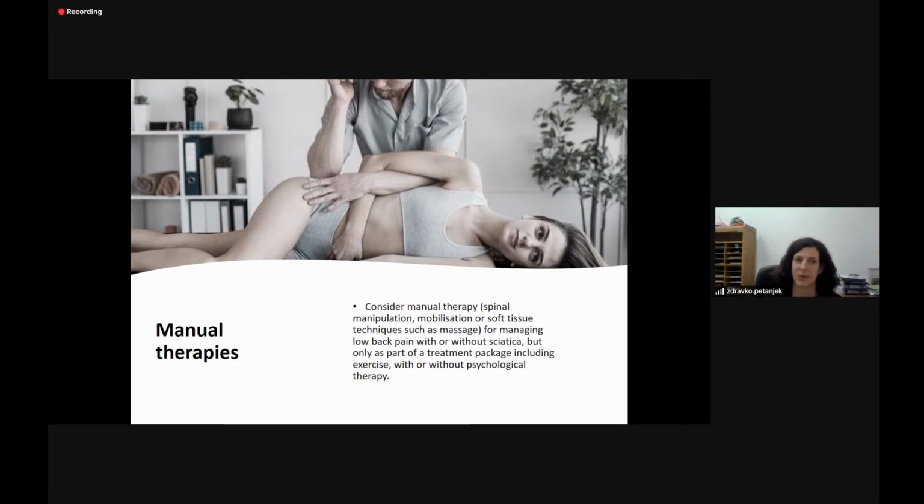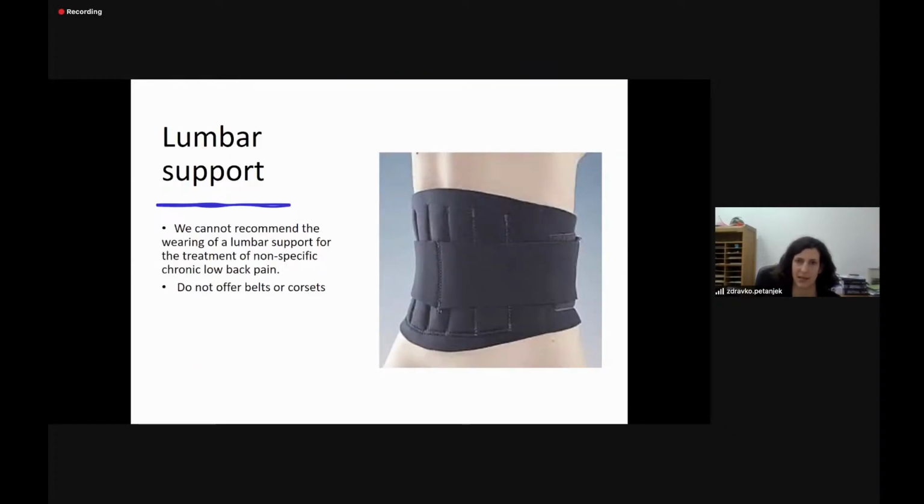But manual therapies can only be used as a part of the treatment, together with, as I told you, the psychotherapy, the education, and the exercises. All those other things that I'm going to shortly mention, we use all of them, but they don't have really proof that they can treat lower back pain.